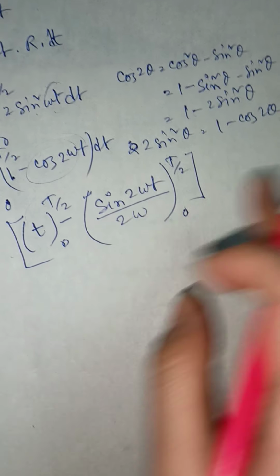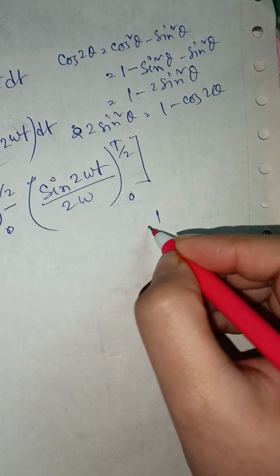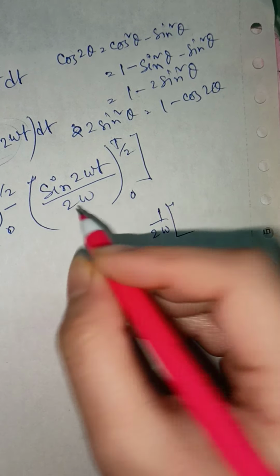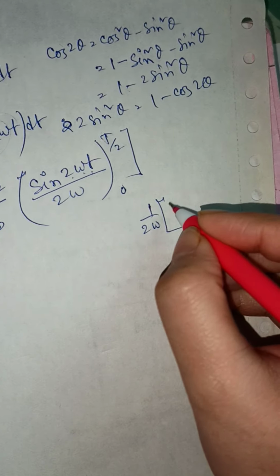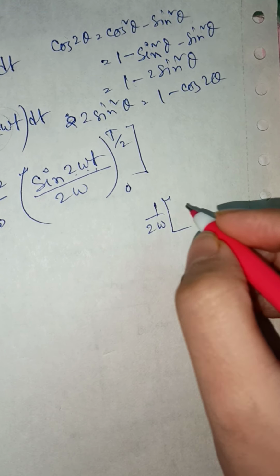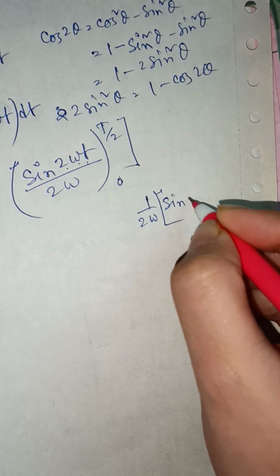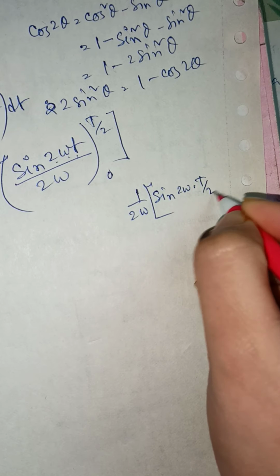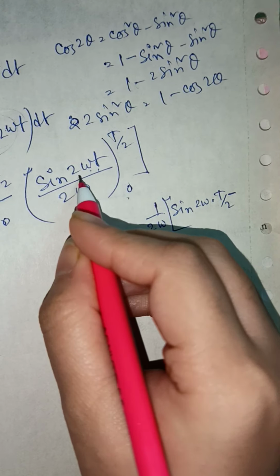Now what about this form? Just look here: 1 by 2 omega sine 2 omega t. If we put the higher limit and lower limit, then sine 2 omega into T by 2 minus sine 0, that means 0.